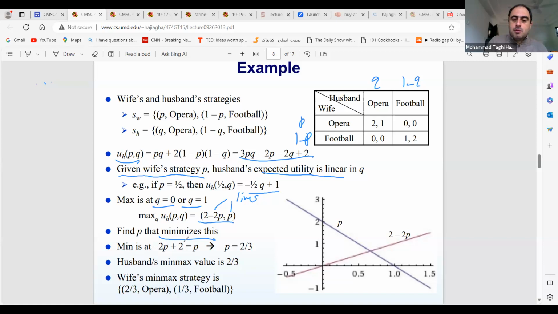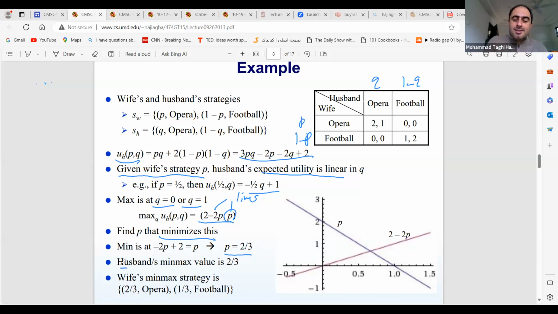So here the minimum would be when you put this equal, and then P would be equal to 2/3. And you can see that the husband's min-max value was 2/3 here. So this is important.